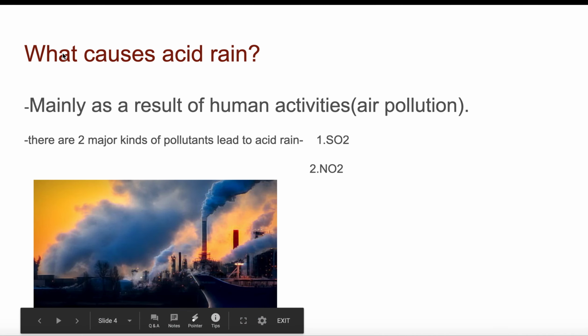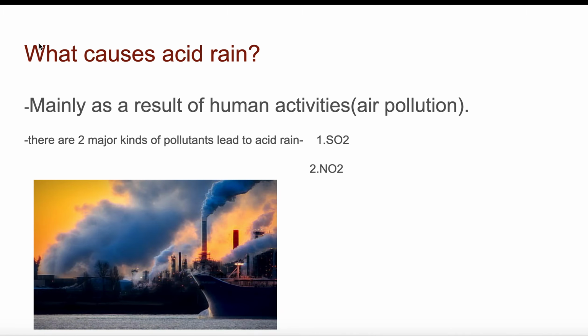After that, let's focus on the causes of acid rain. Mainly, as I said before, acid rain is a result of human activities, especially industrial activities or industrial production, because that will cause a lot of air pollution. And here are two kinds of substances which are responsible for acid rain.